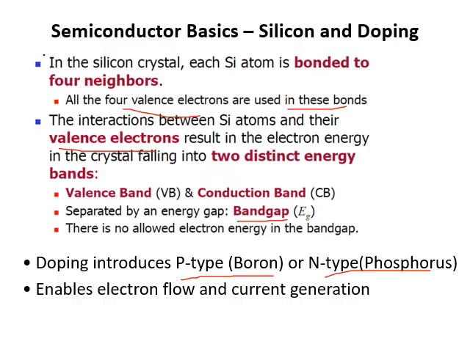Valence is the highest range of energies where electrons are normally bound to the atoms. The conduction band is the range of energies where electrons are free to move, enabling electric current. Between them exists a band gap, an energy barrier that separates the valence and conduction bands.